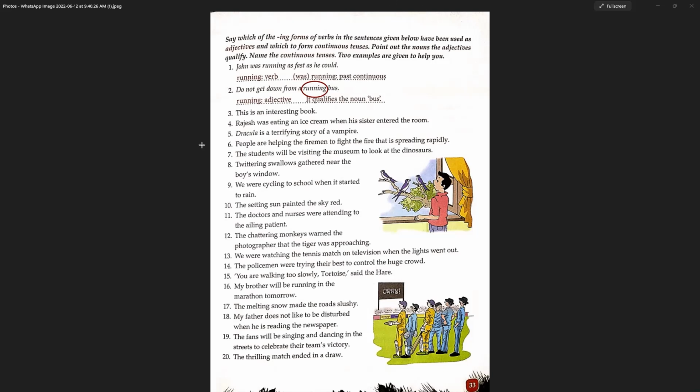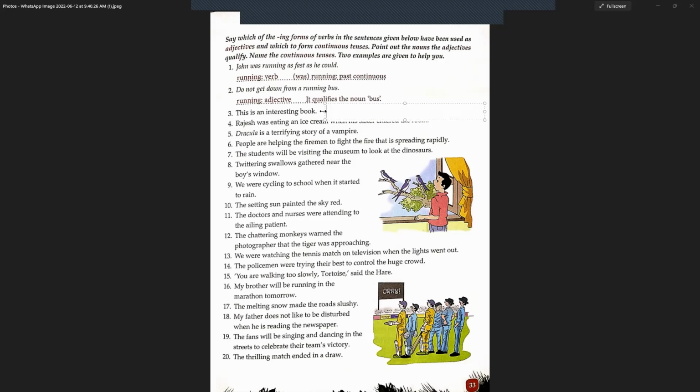Okay, right. And look at number 3. Okita, can you read out number 3? This is an interesting book. This is an interesting book. So can you describe what is the ing form and what is it used as? Interesting book.